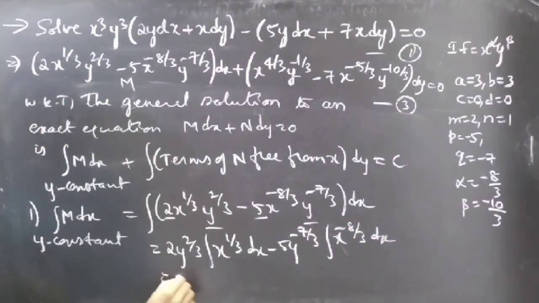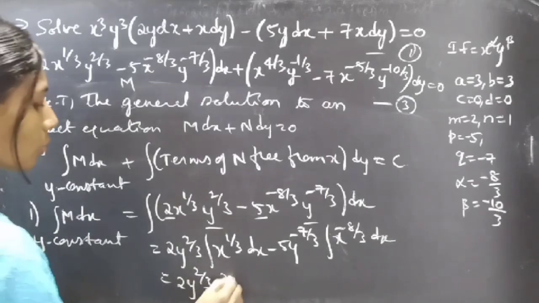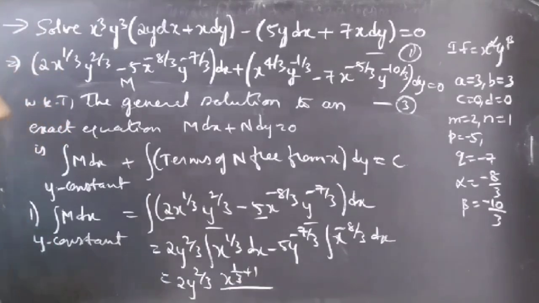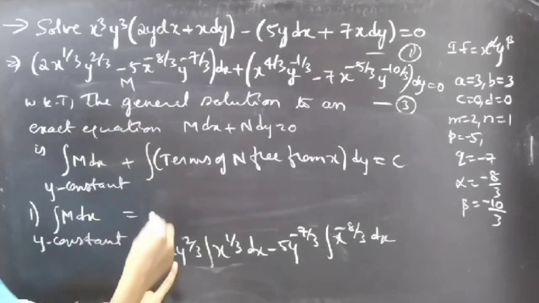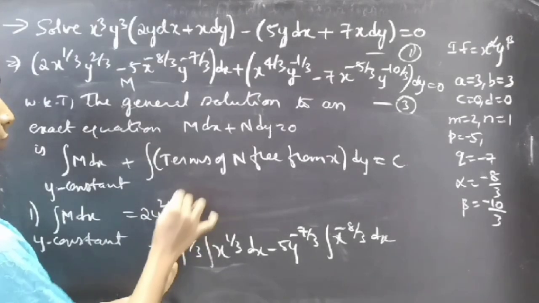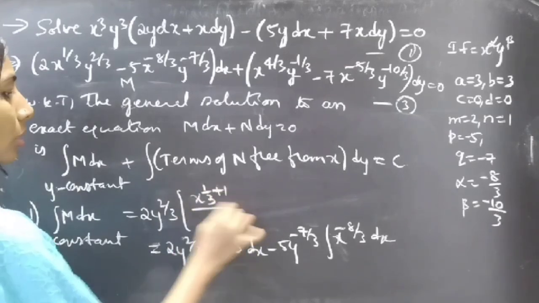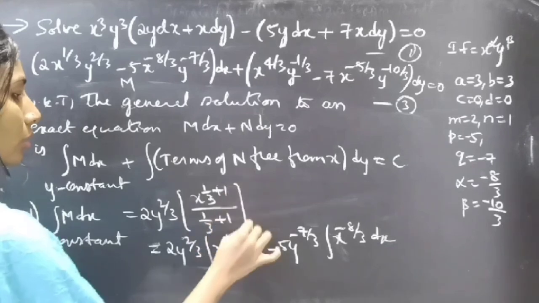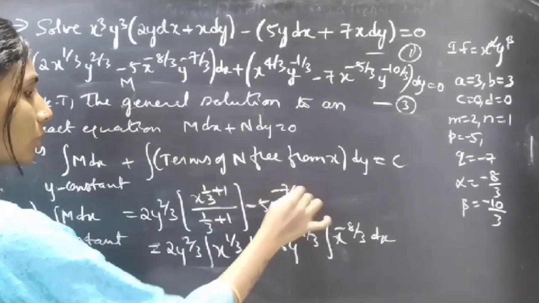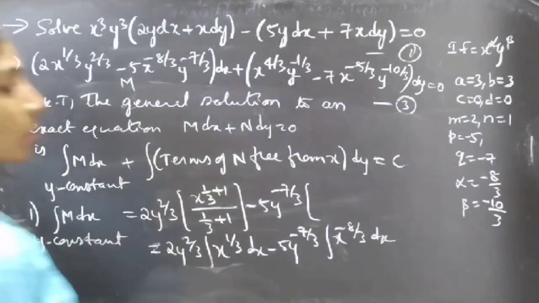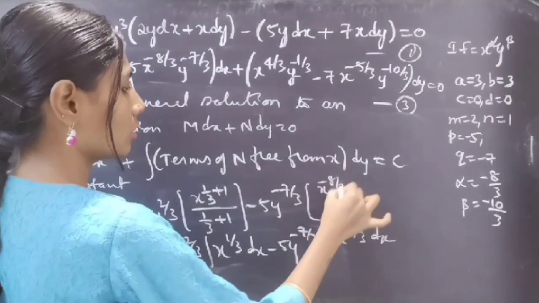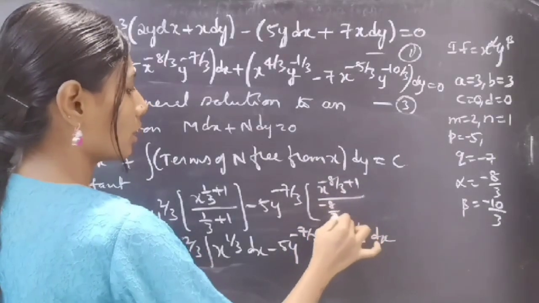Okay, this gives us 2 y power 2 by 3 into the integral of x power 1 by 3 dx, which is x power 1 by 3 plus 1 by 1 by 3 plus 1, minus 5 y power minus 7 by 3 into the integral of x power minus 8 by 3, which is x power minus 8 by 3 plus 1 by minus 8 by 3 plus 1.